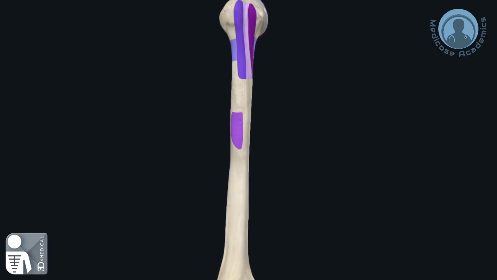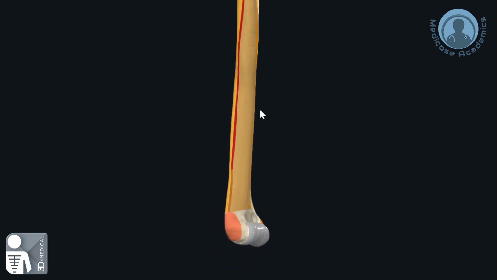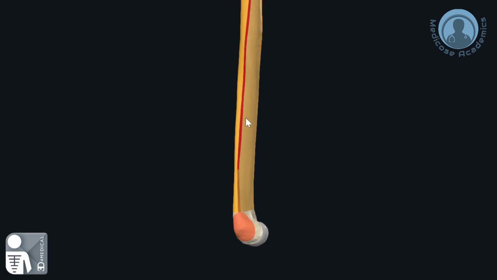Now, for the lateral border, we will start tracing it from the lower end, from the lateral supracondylar area. This is the lateral epicondyle we will see in the lower end. This is the lateral supracondylar ridge, and above it you trace the lateral border.